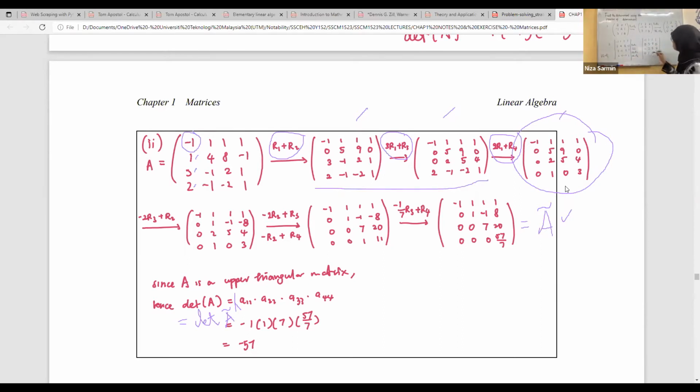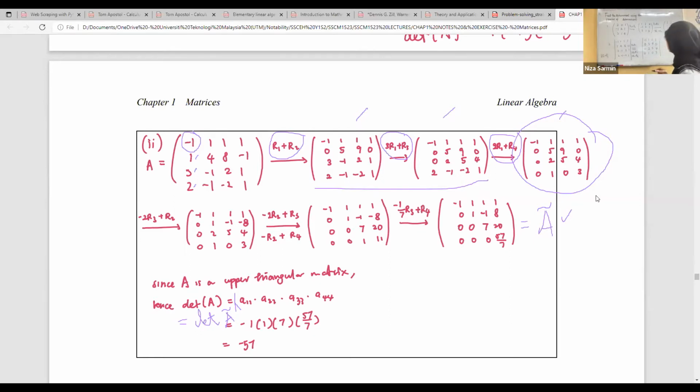And then what happened after this? What he did is, let me see, negative 2R3 plus R2. Okay, you want to make this 1 because if you change row, you have to multiply later by negative. Yeah, but what he did is he used this to get this to be 1.